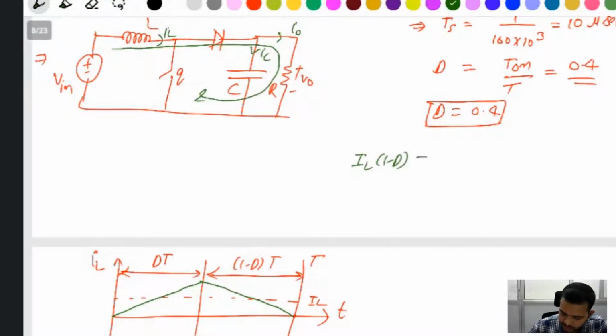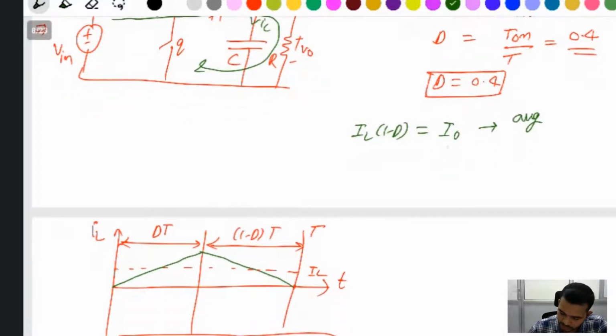If you take the average, IL times 1 minus D is equal to I naught. It means when the switch is off, the whole inductor average current is given to the output, because the average capacitor current is 0. This is the average value, not the instantaneous value.